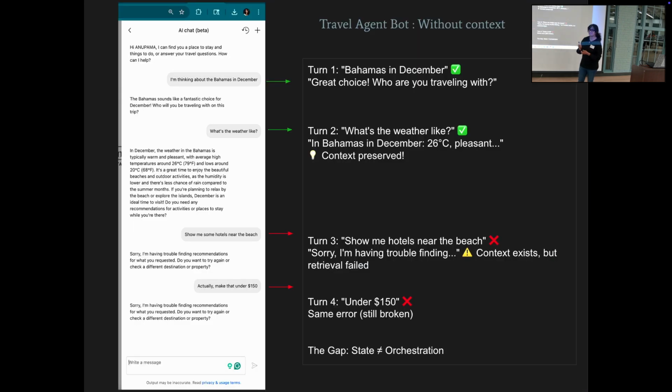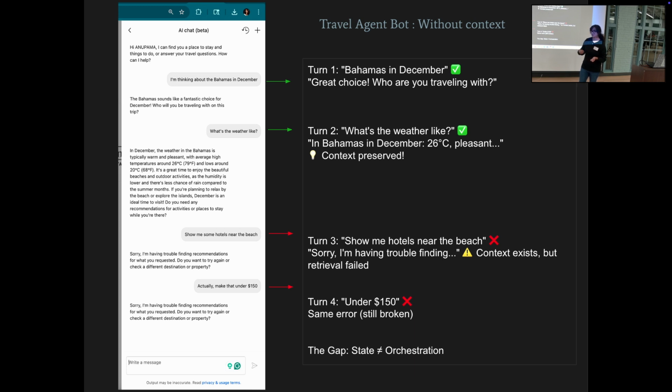Let's take a look at this specific conversation I was having literally just 2 days back. This was in booking.com. I am not sure what went wrong behind the scenes, but standing in their defense, it's AI chat beta, that's what they call it. I asked the bot, I'm thinking about Bahamas in December. And then the next question is, what's the weather like? It was able to come back and say, oh, she was asking about Bahamas, so I know what it is.